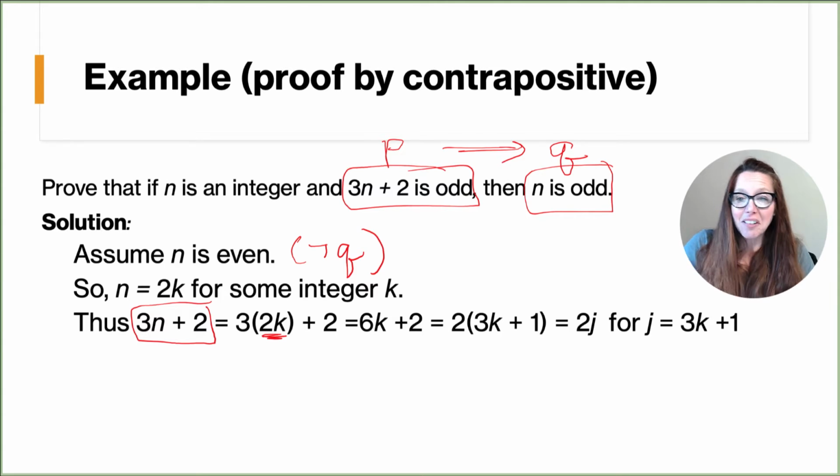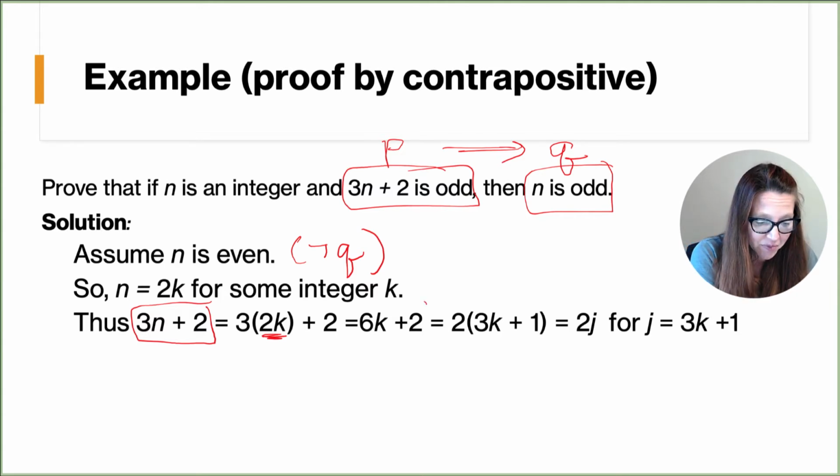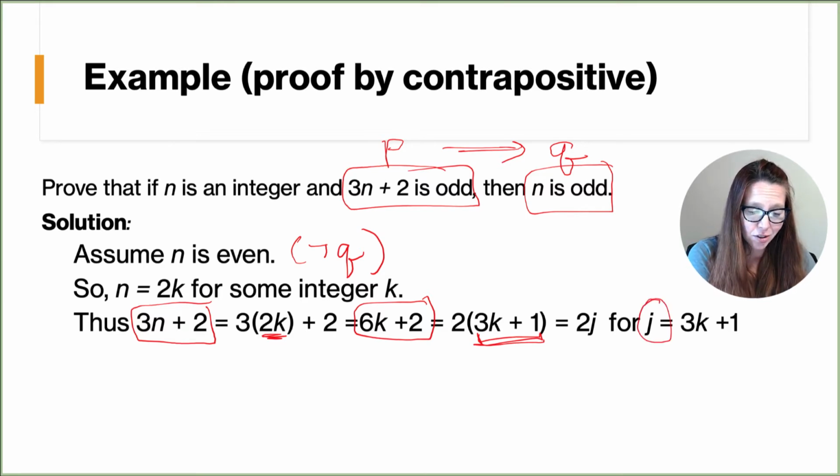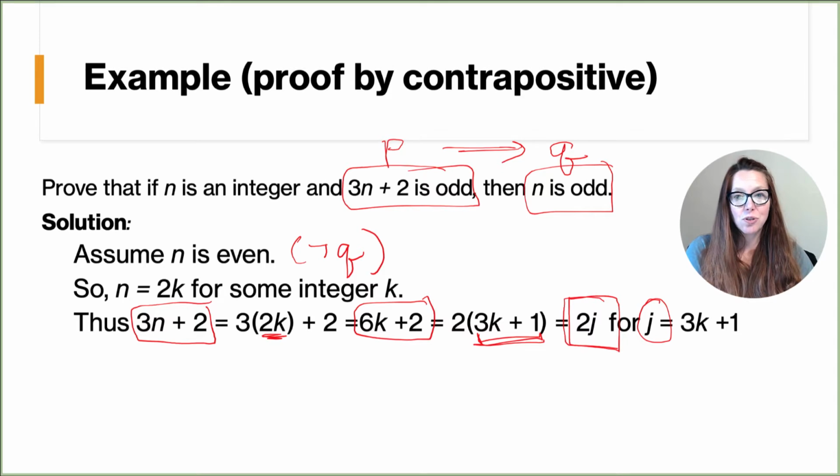And I can pull a 2 out from all of that, and I get 2 times 3k plus 1. Well, now I know that 3k plus 1 is an integer. It's some integer j. And that means the whole thing, 3n plus 2, is equal to 2j.